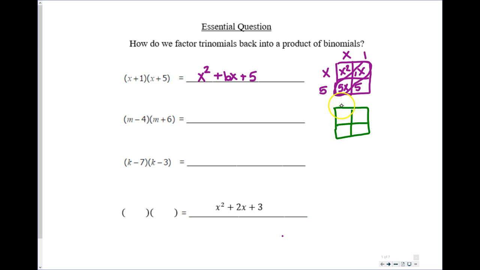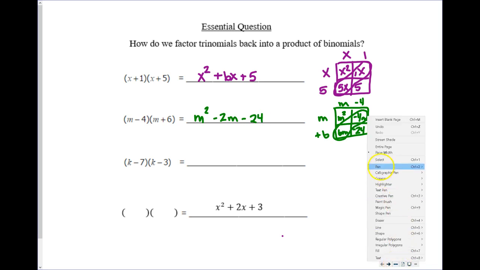Okay, let's do the second one. The second one is m minus 4, m plus 6. So I get m squared, minus 4m, 6m, and negative 24. When I combine these middle terms, I get 2. 6 minus 4 is 2. So I have m squared plus 2m minus 24.